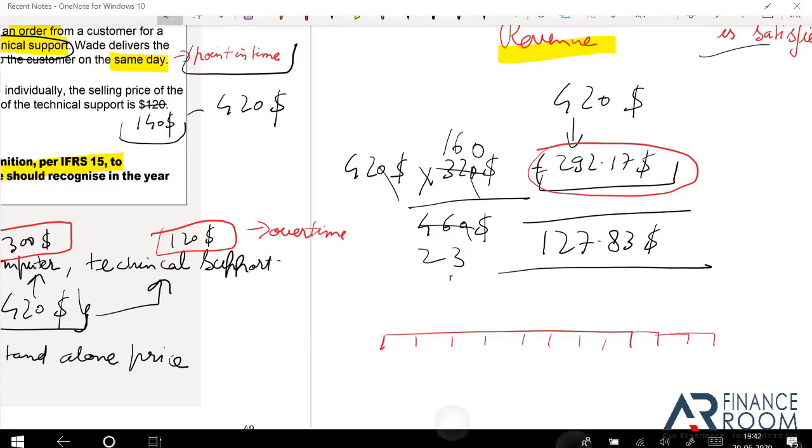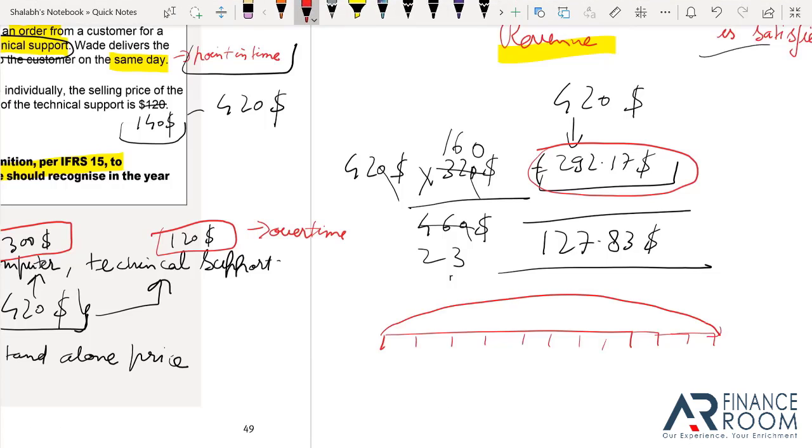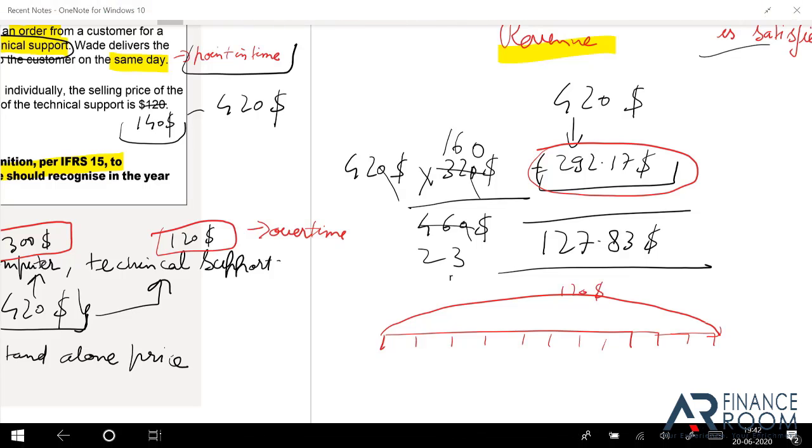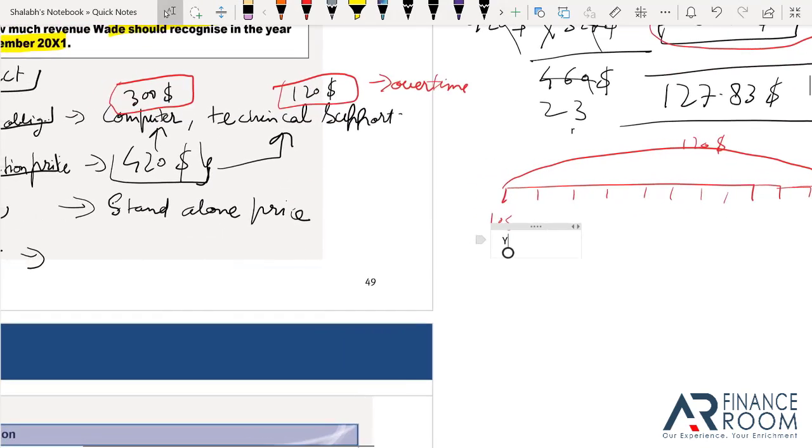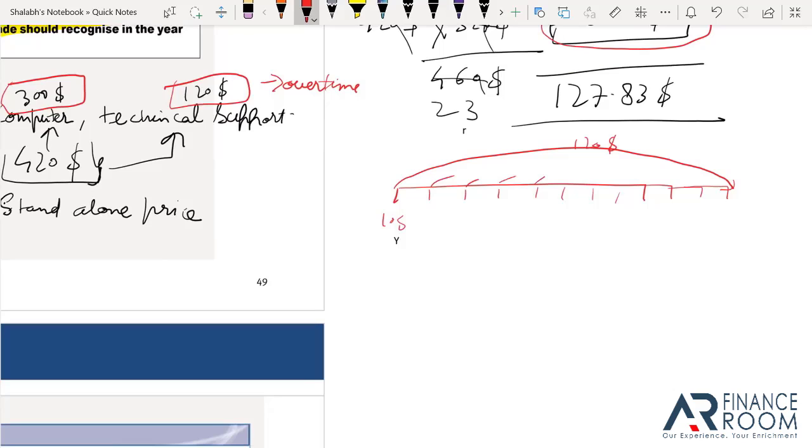The technical support is for $120 for the entire 12 months period. So after the passing of every month, $10, $10, $10, $10, right? As soon as a month passes, you satisfy your performance obligation partially, and you shall be recognizing that.